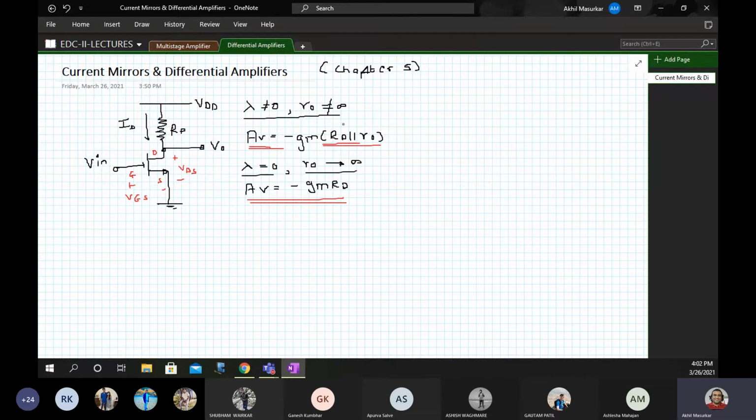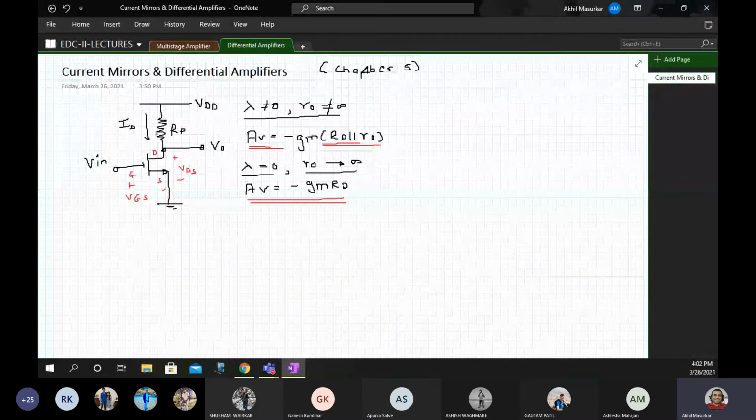Now the question is, what if I want my gain not to change throughout the region of operation?